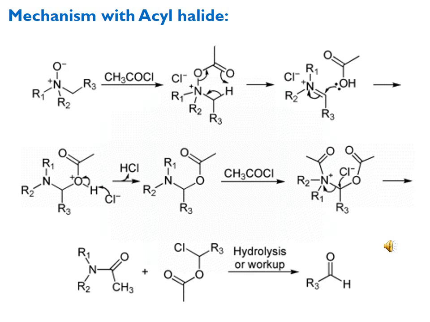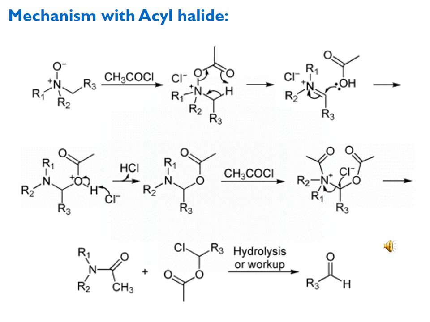Now the oxygen gets the positive charge, so its positive charge is counterbalanced by the chloride ion. In the next step, this chloride ion removes the proton in the form of HCl, and we get the simple alpha-acetyloxy derivative of that tertiary amine.